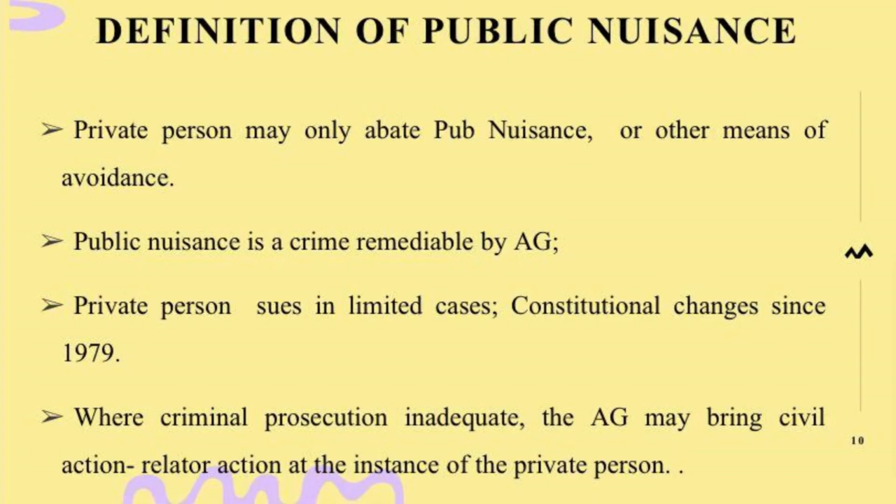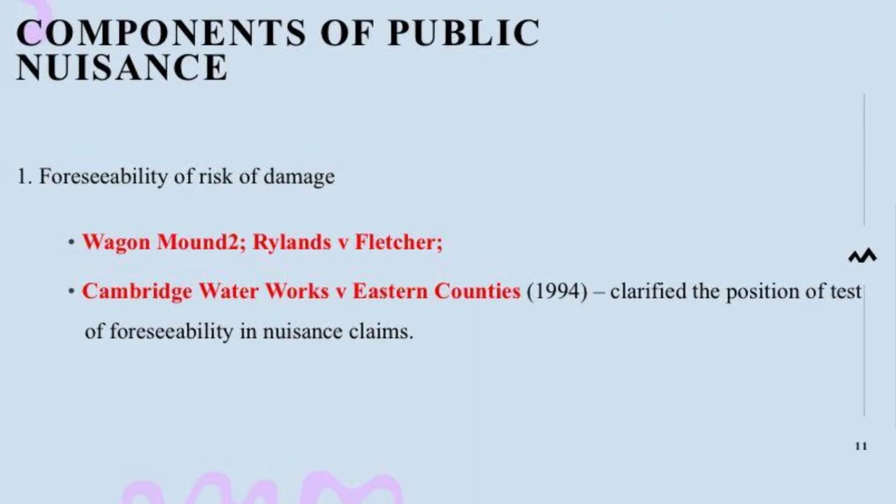And the only situations where private persons may sue have been recognized as where a private person can show that they have suffered particular damage, which I'll be explaining soon. Now, you must understand that the components of public nuisance include the fact that there must be possibility of the risk of damage.